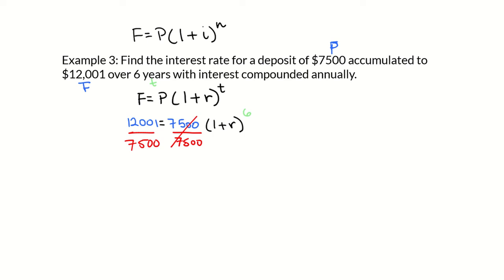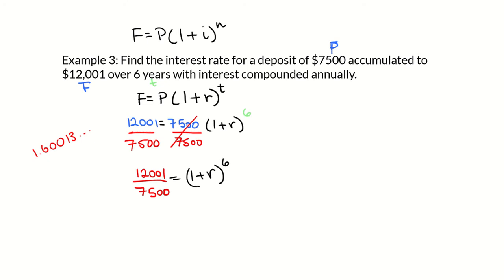You can leave 12,001 over 7,500 as a fraction, or you can round it to a decimal. I recommend leaving it as a fraction. It comes out to 1.60013. So you could use that decimal, or we can just leave it as a fraction. 12,001 over 7,500 is equal to (1 plus R) to the 6th power.